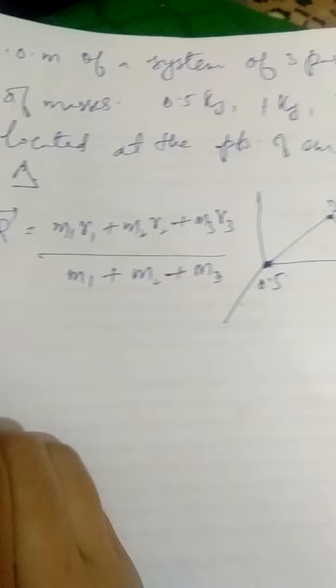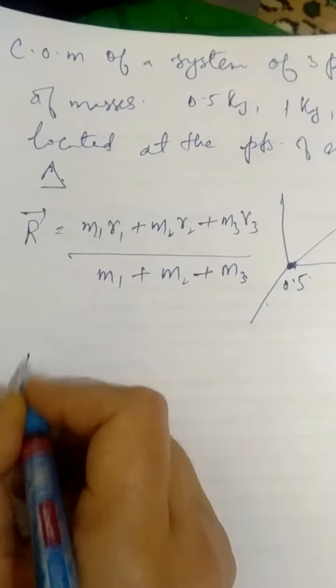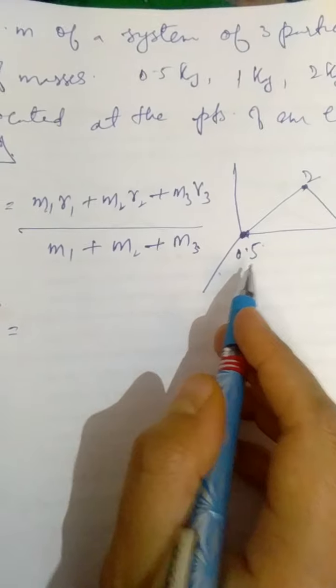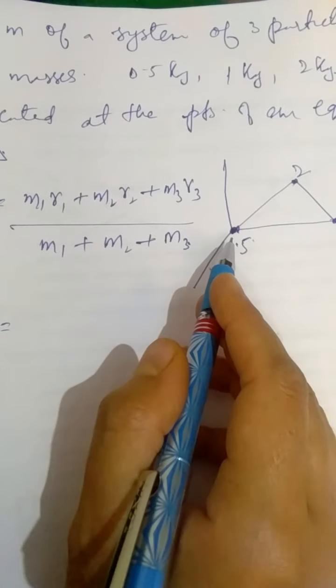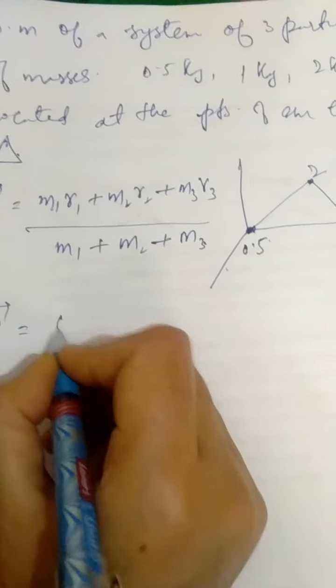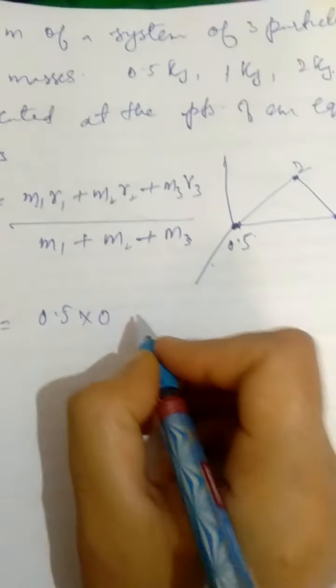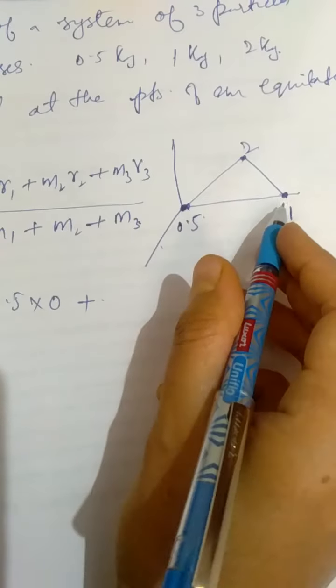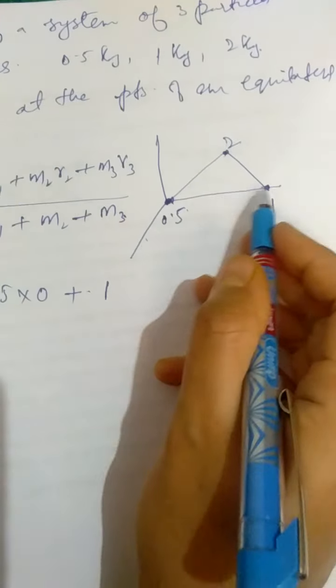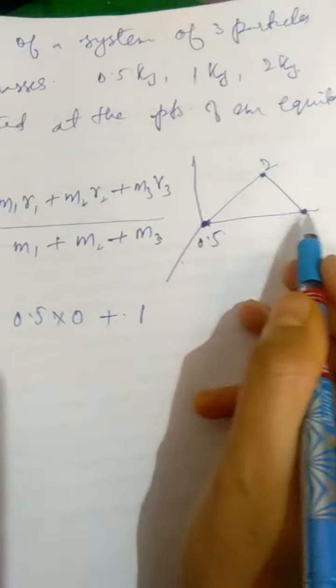So I write the expression in this manner. Now what is this r? For m1 you can write 0.5 kg, but its position vector is 0 because it is located at the origin. So this will be 0.5 into 0 plus m2, what is another mass? It is 1. And what is its position vector? Only along the x-axis, right?